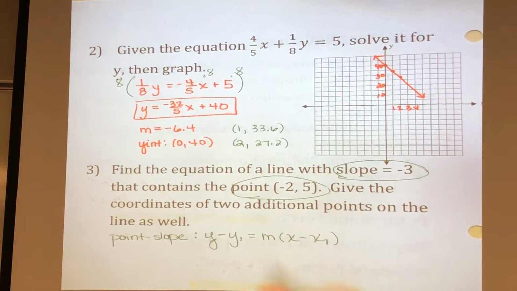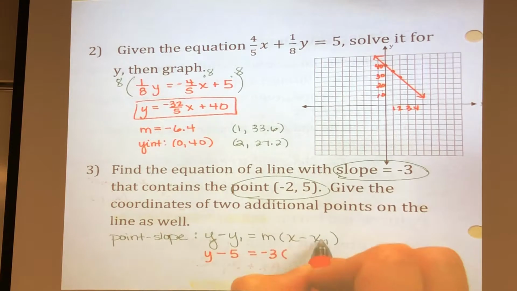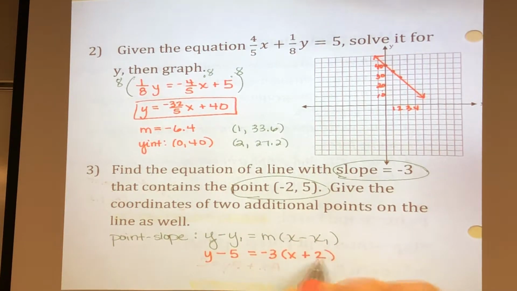So we are going to substitute the y value in for the y1, the slope in for the m, and the x value in for the x1. Since it was a negative x value, it becomes a plus 2. Okay, and then we just simplify that.